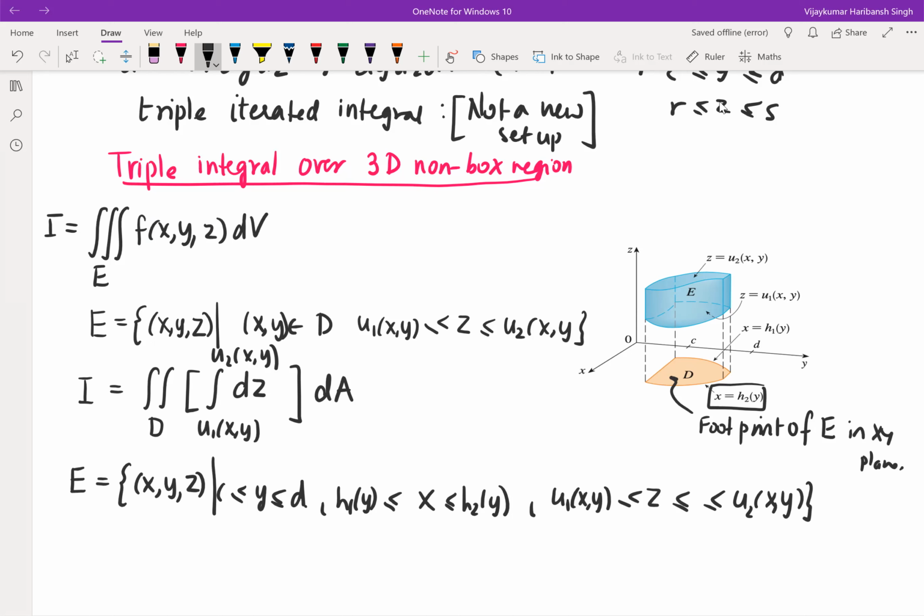Okay, so this is your region. So this is your dA, and that dA is over the footprint region.